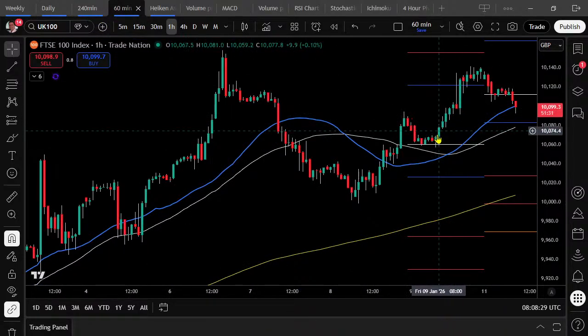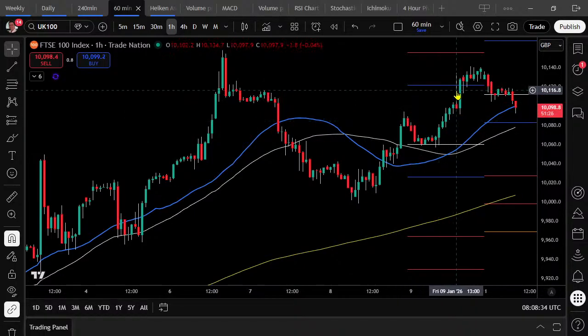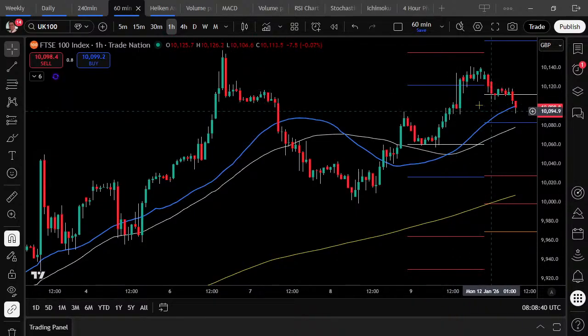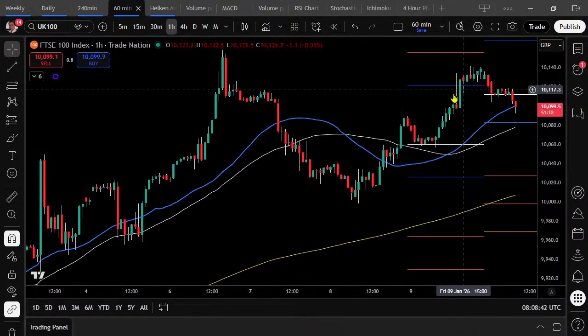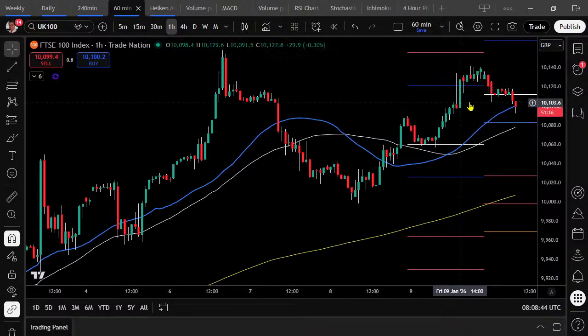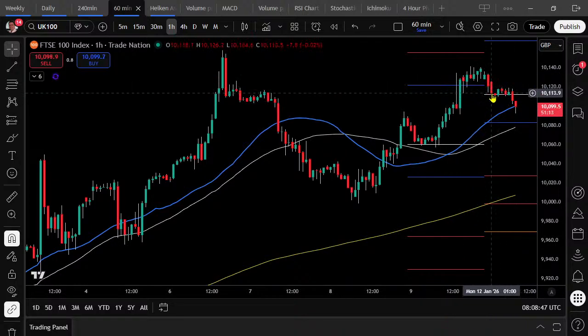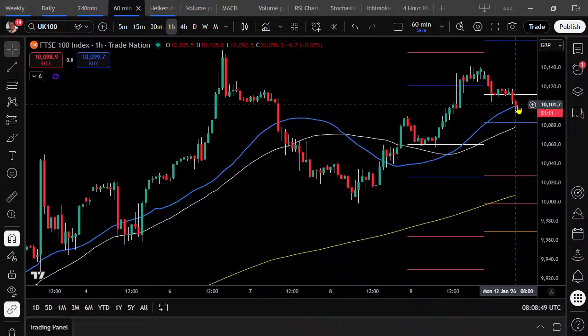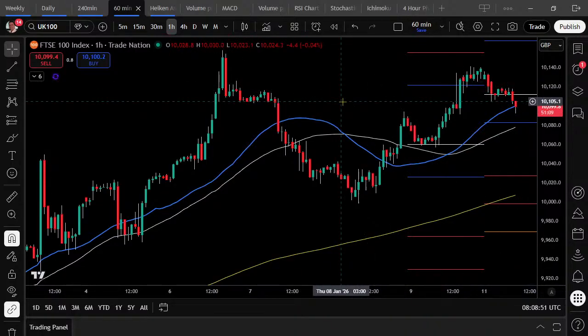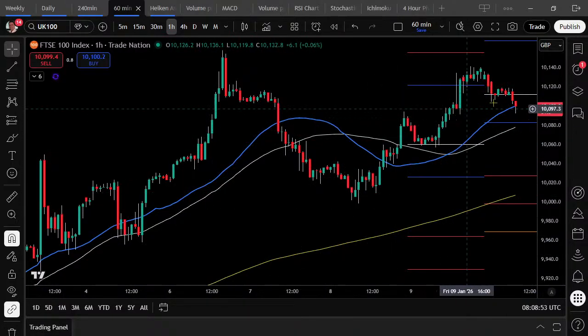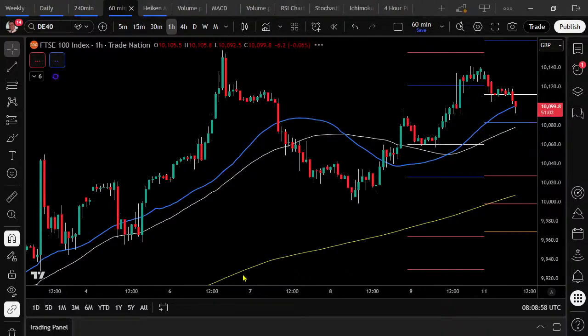Friday's move, I was looking at this move off the pivots here, it went quite nicely and slowly, but it was mostly done up until 1 o'clock, on the early part before the news came out, then of course we saw reactions in the market. It has put a little lower high in at the moment. We'll wait to see what happens with this, but not necessarily a long from where it sits now.